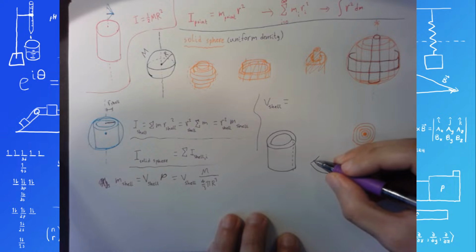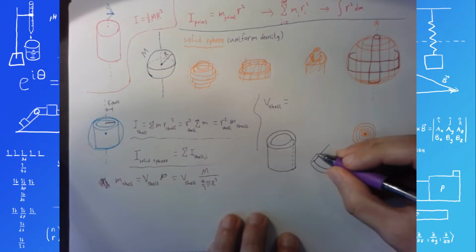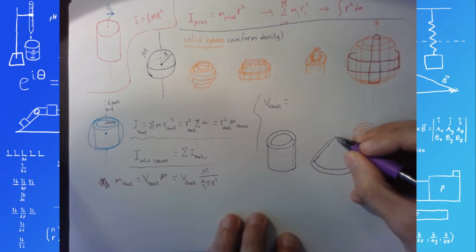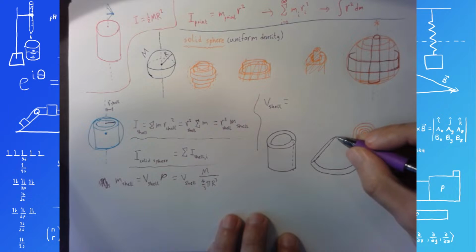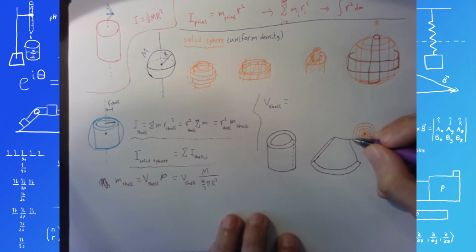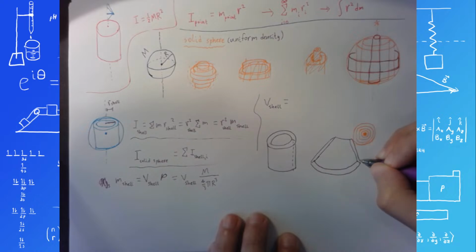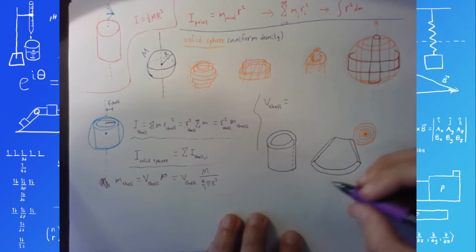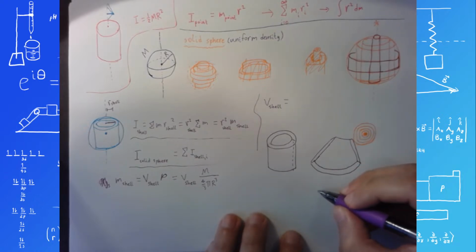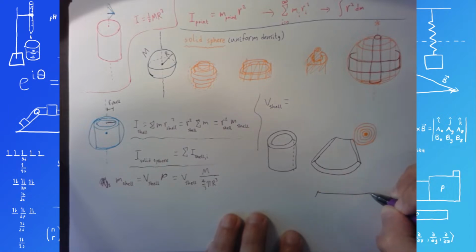And we end up getting something that looks like this. And then if you flatten it out even further, it ends up looking almost like a rectangular prism.